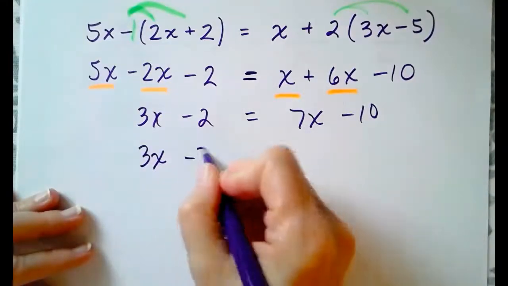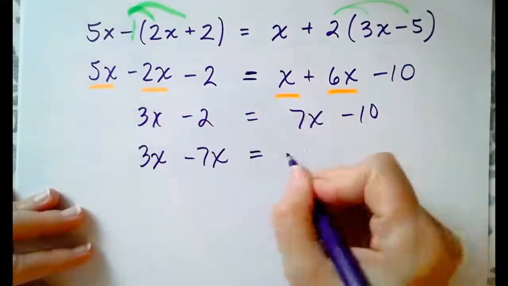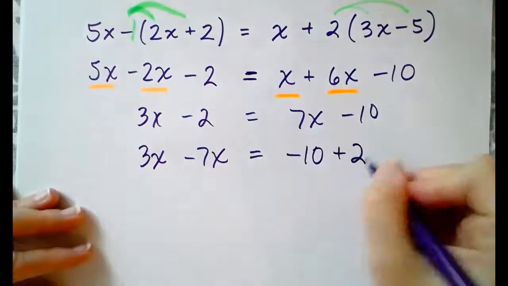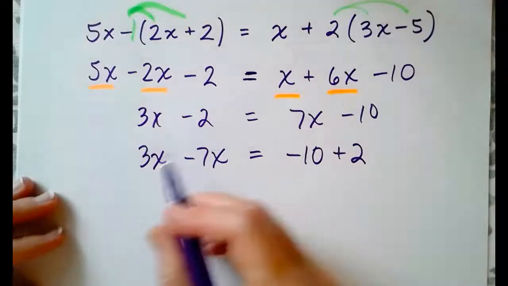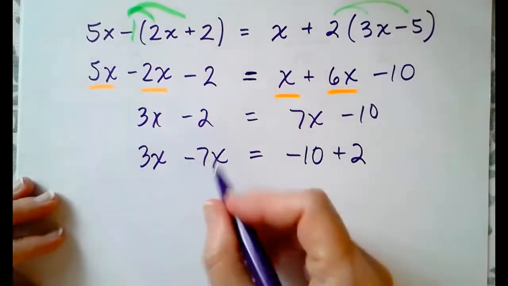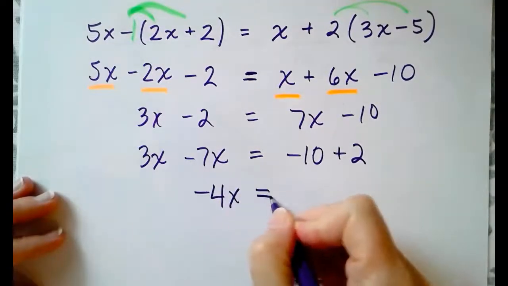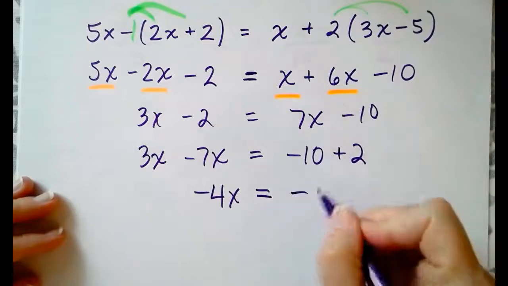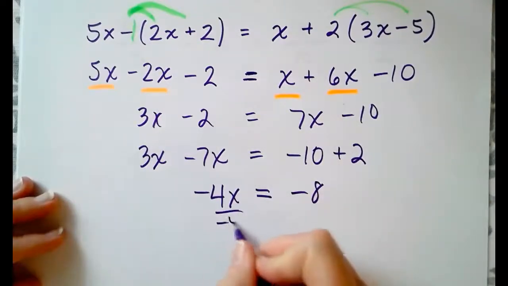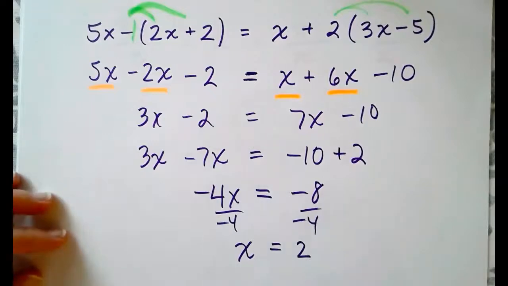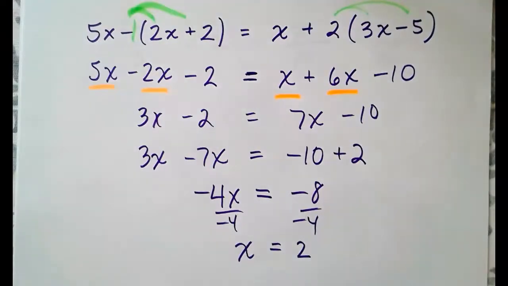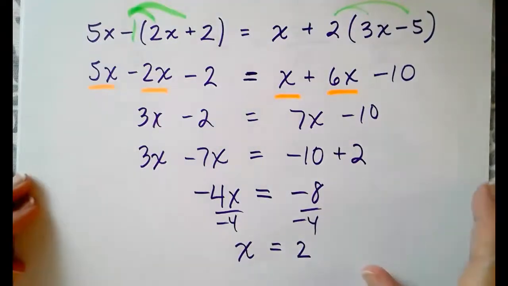So 3x minus 7x equals negative 10 plus 2. That's using multiple operations in order to isolate that variable. 3x minus 7x is negative 4x. Negative 10 plus 2 is negative 8. And x is 2. So solving equations just like you've been doing in Algebra 1, Geometry, and Algebra 2.